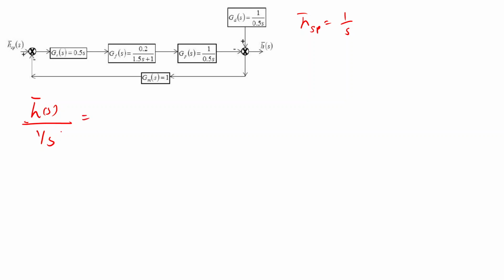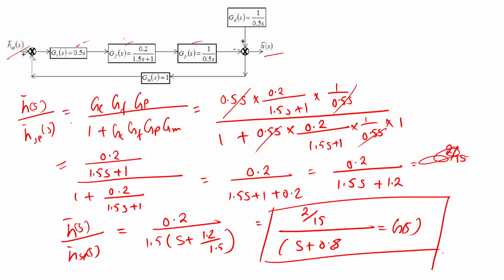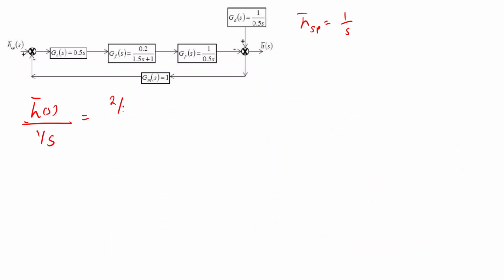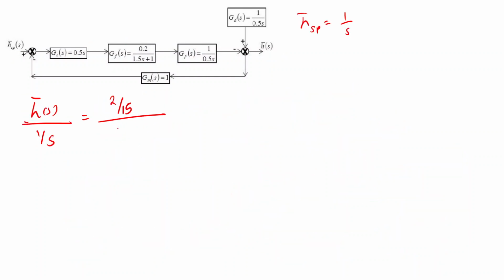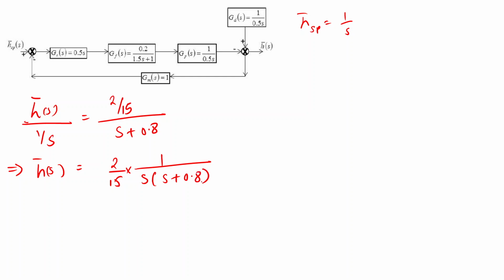The transfer function we found out as 2 upon 15 upon s plus 0.8, that is the output will be 2 upon 15 into 1 upon s into s plus 0.8.